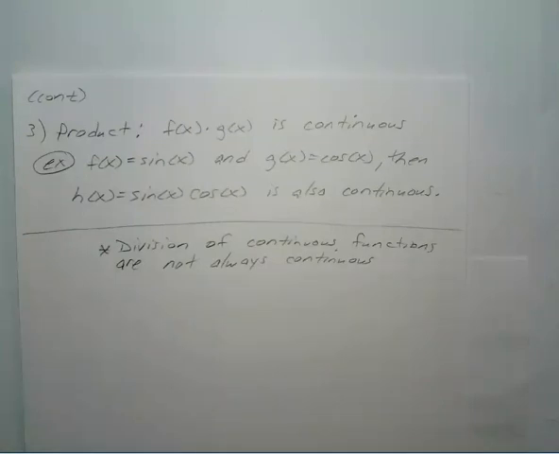Okay. Now, if you have something like sine x divided by 5 or cosine x divided by 0.3 or something like that, yes, it would be continuous. Okay, because there's no possible way that that denominator of 5 could be magically turned into 0. Okay, it's a constant. It's not going to change.